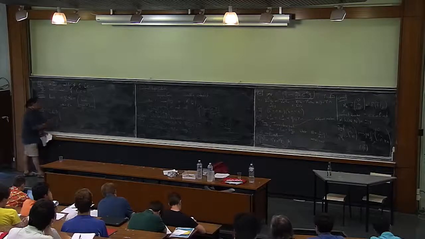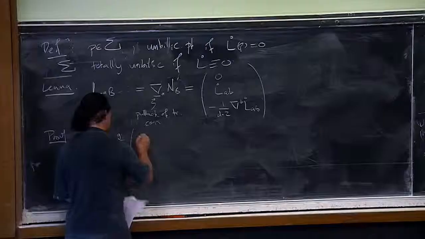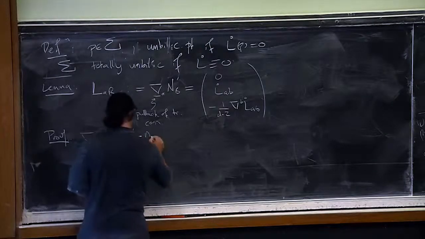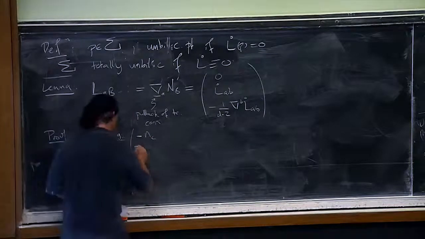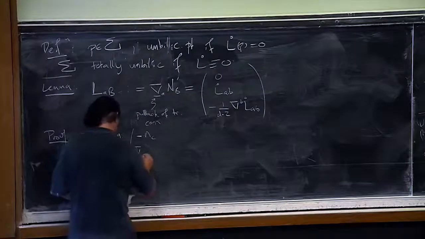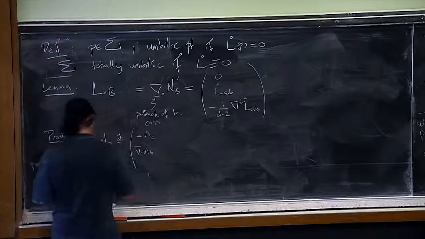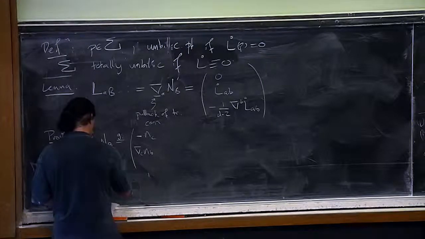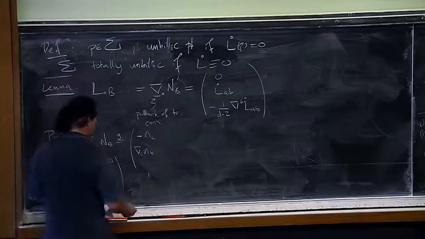Well, if you remember how you do that, you differentiate the thing in the top slot, that's 0, and you subtract the thing that was in this slot. So you get minus n_c there. And then you differentiate this thing using the Levi-Civita connection, so ∇_c m_b. Then you add the Schouten tensor times the thing in the top slot, which is 0, so that doesn't do anything. And then it's the conformal metric times the thing in the bottom slot.